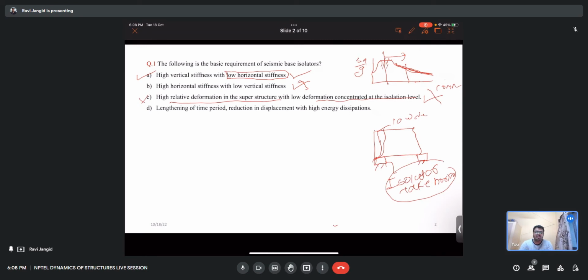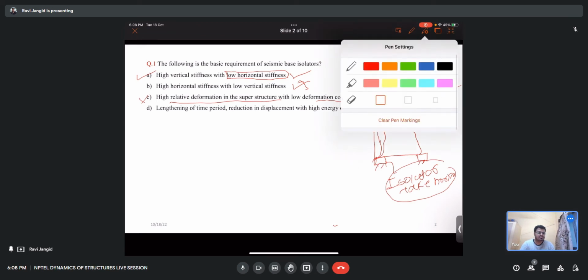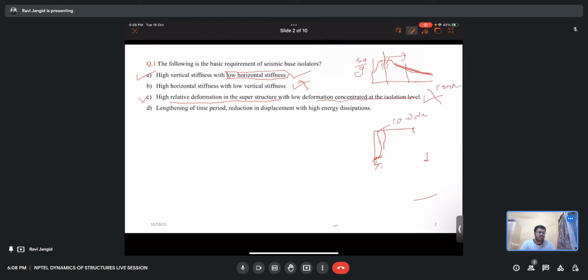Now for the lengthening of the time period, reduction in the displacement with high energy dissipation, yes, that option is correct, because with the isolator we reduce the stiffness of the isolator.